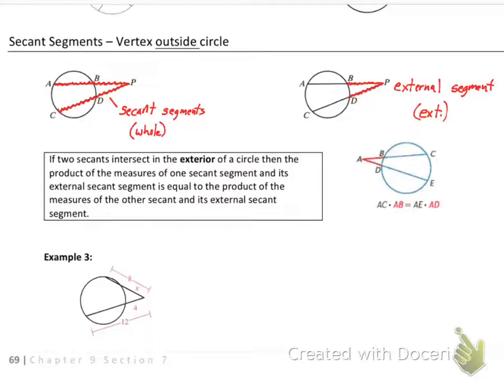An easier way to remember this is: it's that whole segment times our external is going to equal the whole of the other one times the external of the other one. So the only thing I care about are wholes and externals if I'm looking for lengths of secant lines.